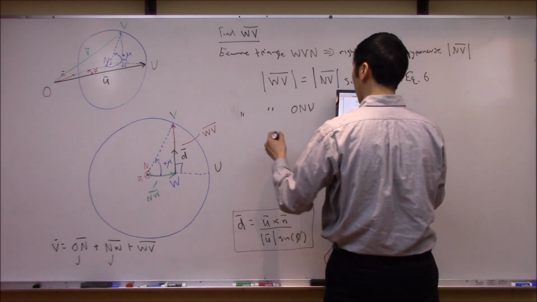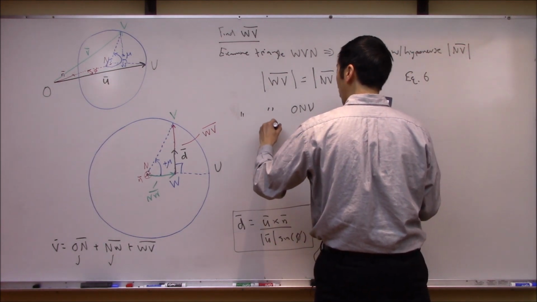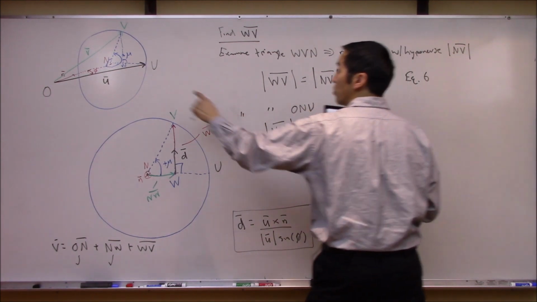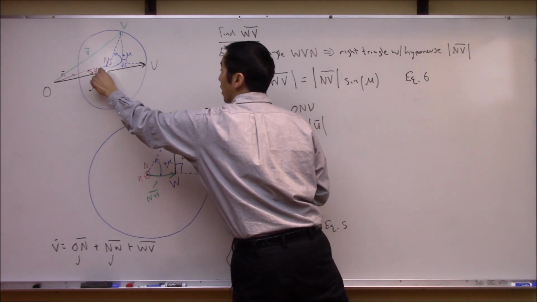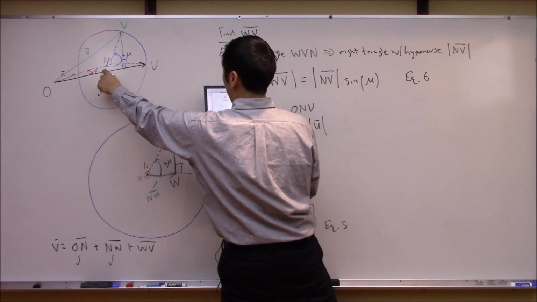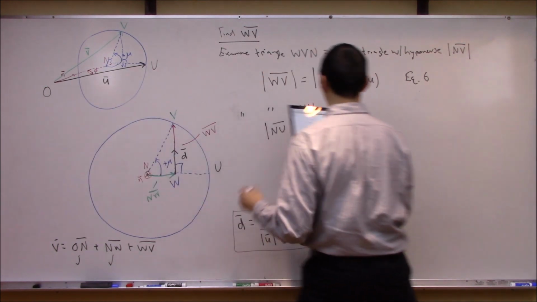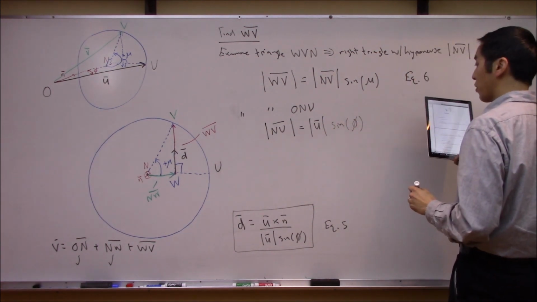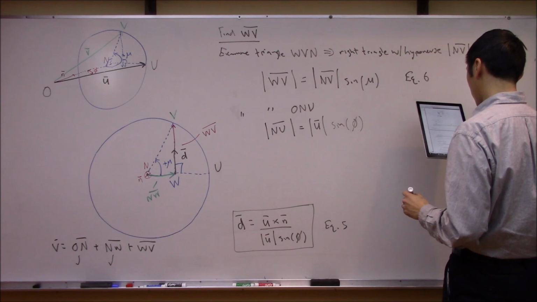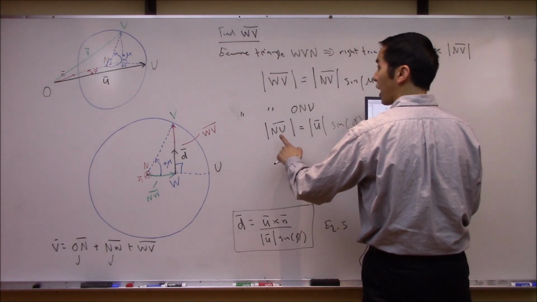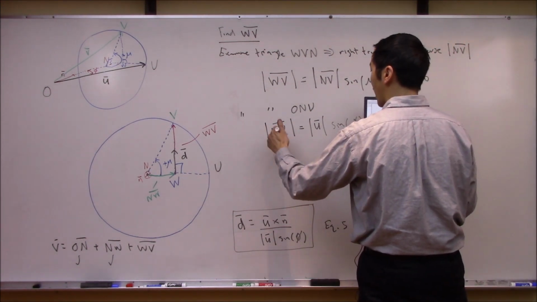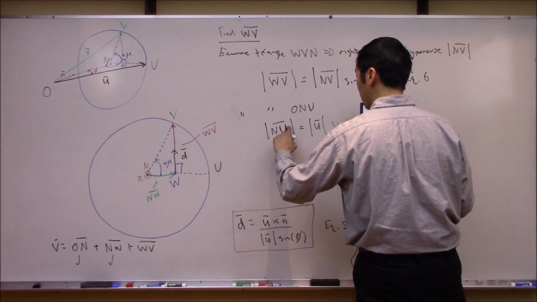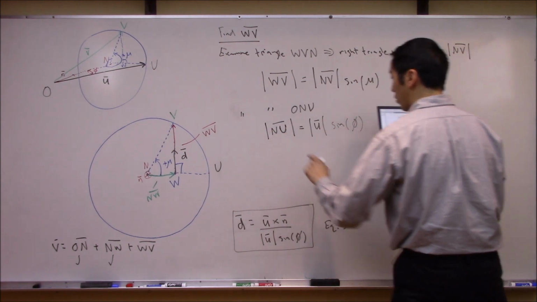In other words, the magnitude of NU is the hypotenuse, which was magnitude U, times sine of phi, the opposite of that angle. I think everyone would agree. I have to be careful my handwriting doesn't get us in trouble. This is NU. I don't want it to look like a V, so I better make sure it's really curvy.